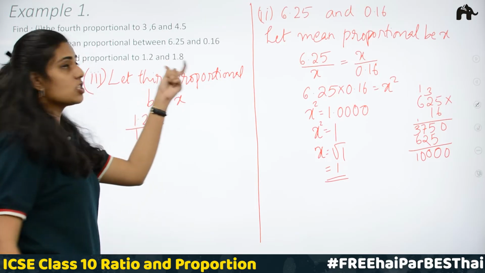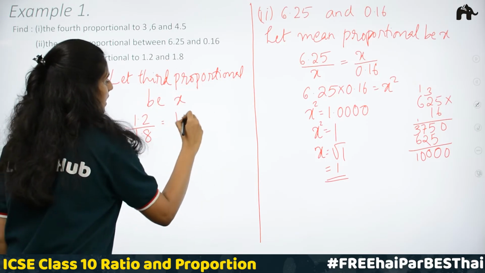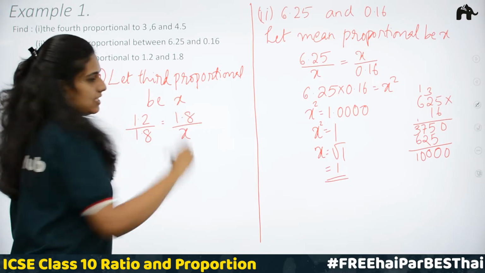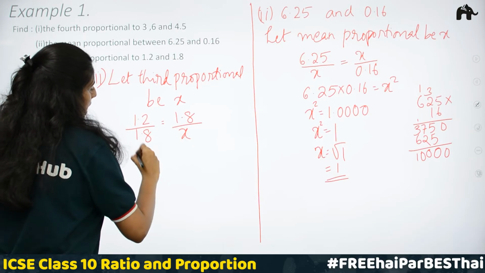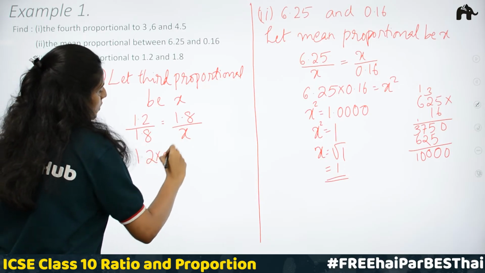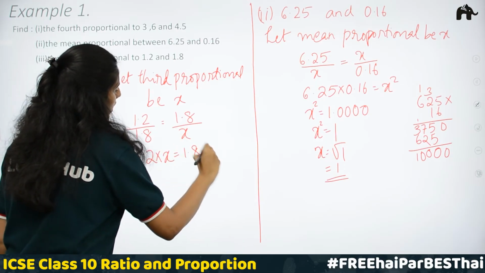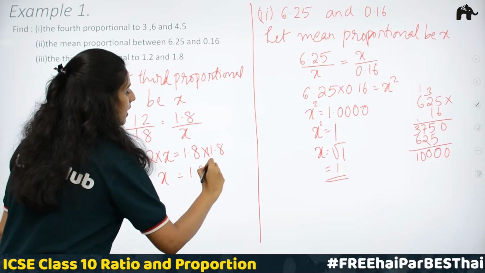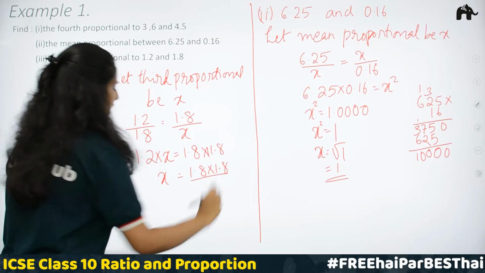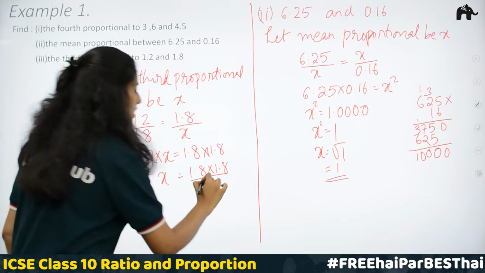And the third term is also 1.8. 1.8 divided by x. The fourth proportional comes here. Okay. Now, cross multiplying. 1.2 into x is equal to 1.8 into 1.8. Or x is equal to 1.8 into 1.8 divided by 1.2.